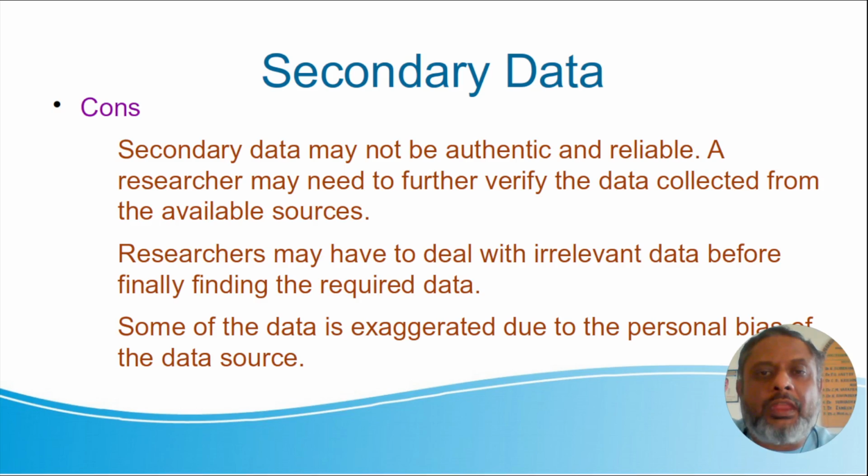But when there are outsider, external sources, they may have their own bias, and that bias is definitely going to affect the performance of our activity. So we need to be very careful in selecting the data and make sure that there is no personal bias in the data source. That's in fact a difficult issue to make out, but yes, it has to be done.